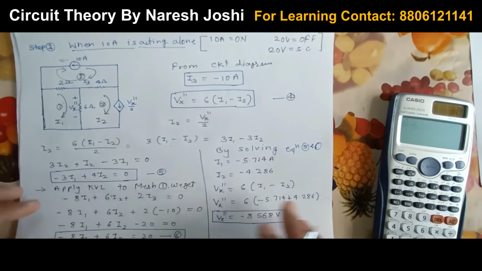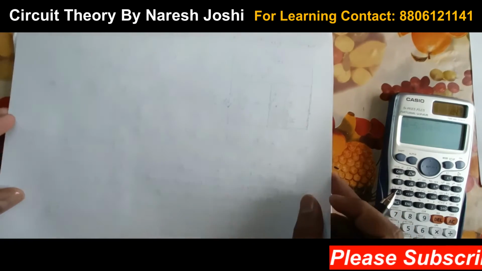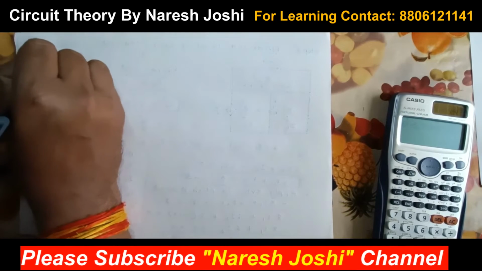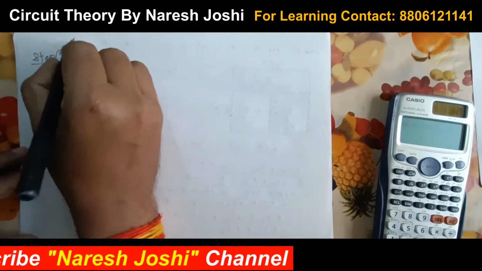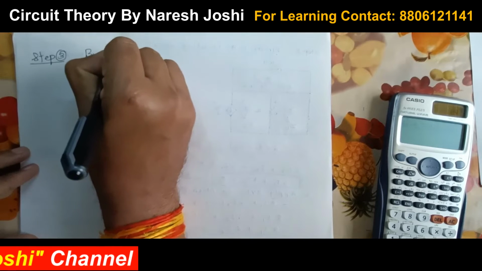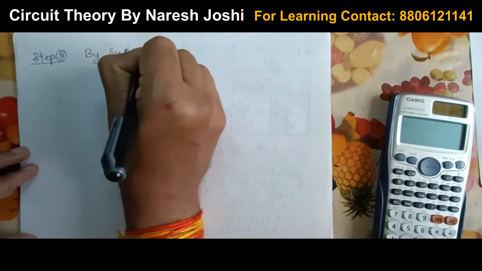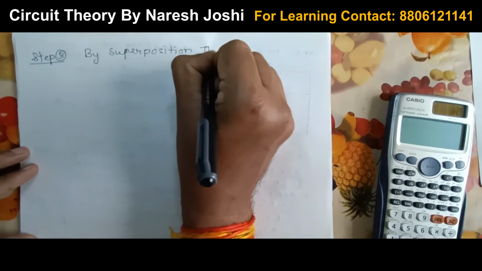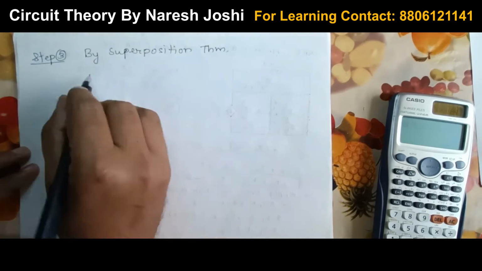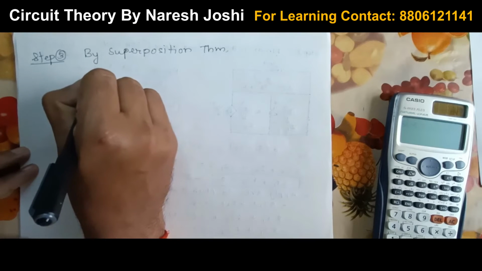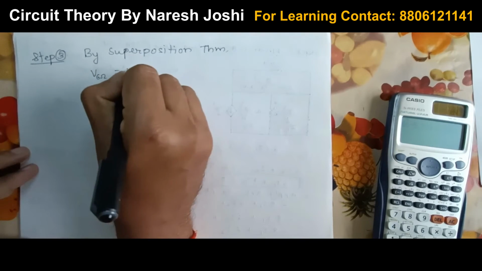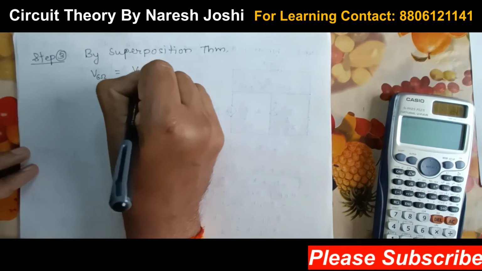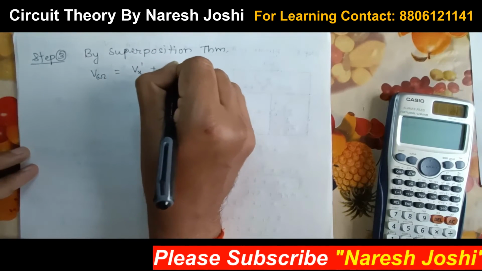Clear? And the last, by the superposition theorem, step number 3. So by the superposition theorem, the voltage across the 6 ohm is Vx dash plus Vx double dash.